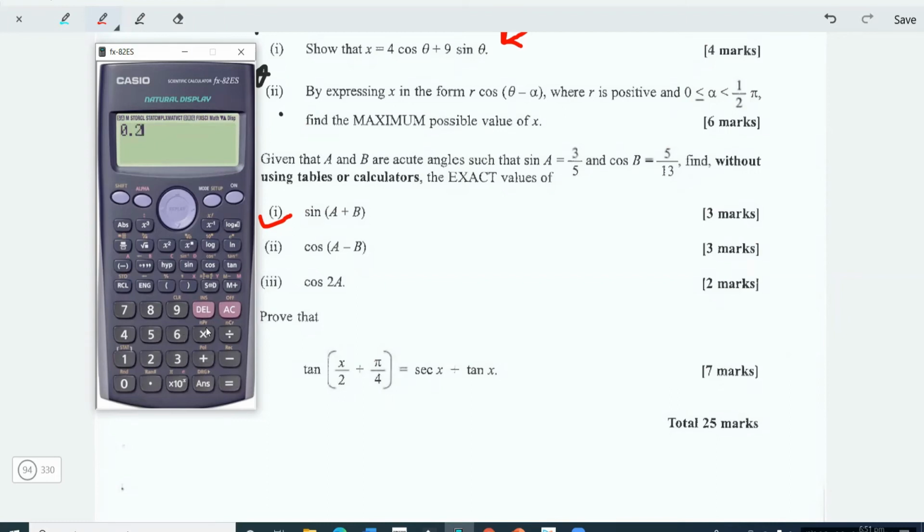You'd have to divide by 100, and then multiply it by 100,000.